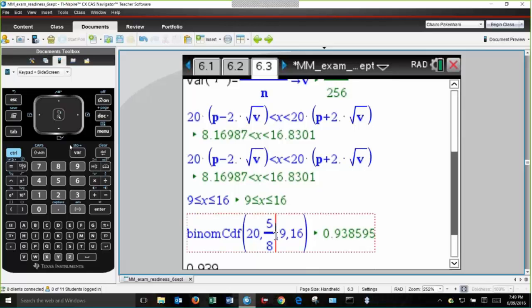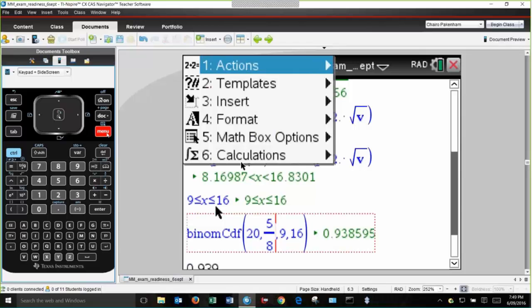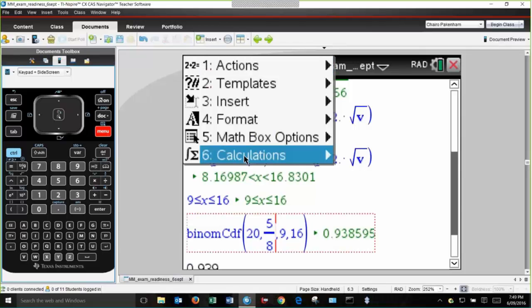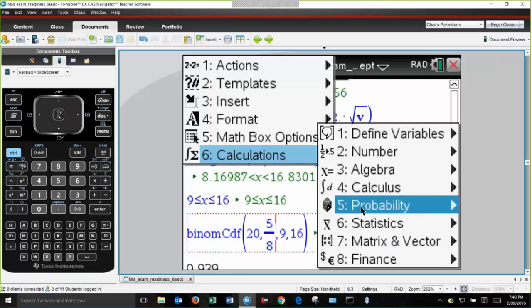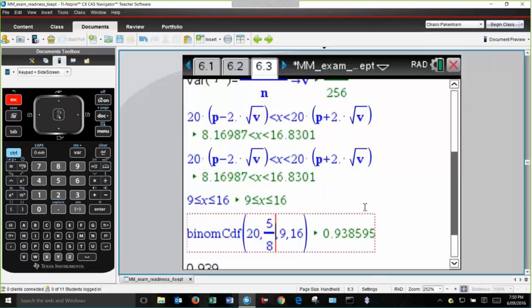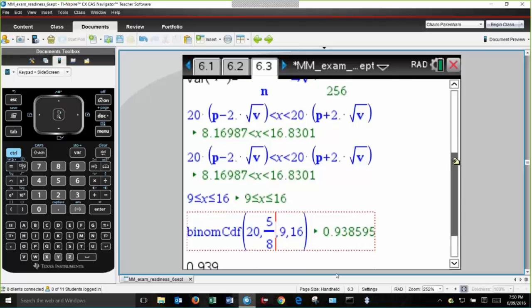To do calculations in a notes page menu, you have to go to calculations, and once you select calculations, you see the same menu that you would see in the calculator application, and then probability, distribution, and so on. And because it's binomial again, that's the reason I wasn't going to do it again. All right, and of course we need to make sure that students round correctly to 3 decimal places.